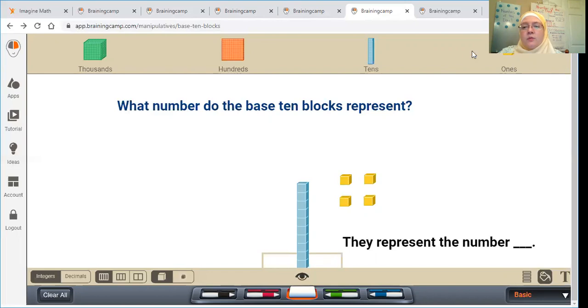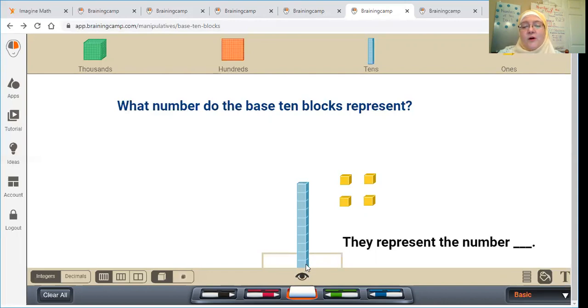So the little yellow blocks are the ones, the blue blocks are the tens, and you might get to the hundreds and the thousands, but for now we just have one set of blue, and then we have this set of ones.